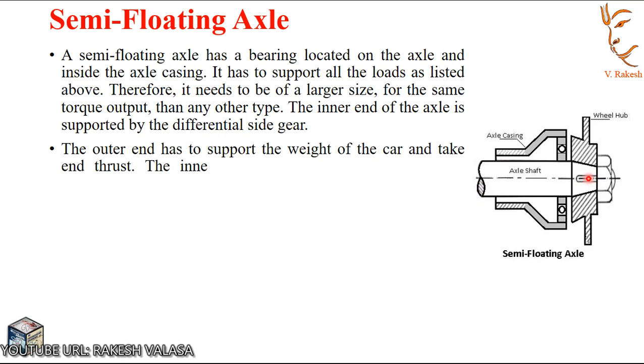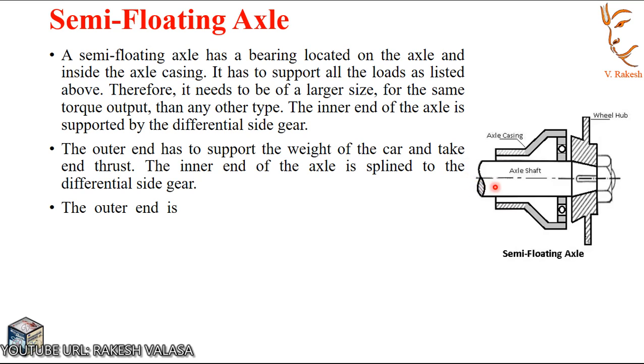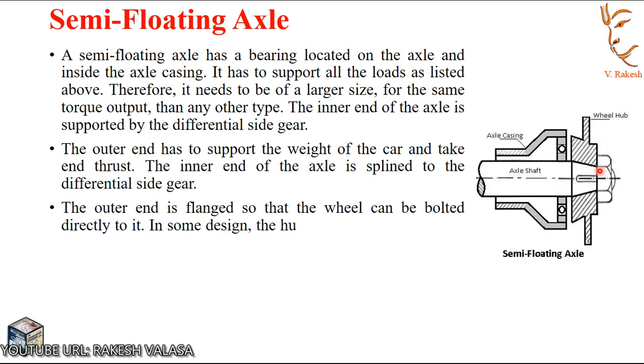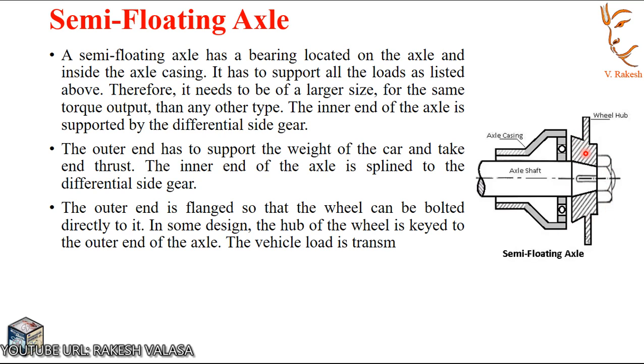The outer end has to support the weight of the car and take end thrust. The inner end of the axle is splined to the differential side gear. The outer end is flanged so that the wheel can be bolted directly to it. In some designs, the hub of the wheel is keyed to the outer end of the axle.